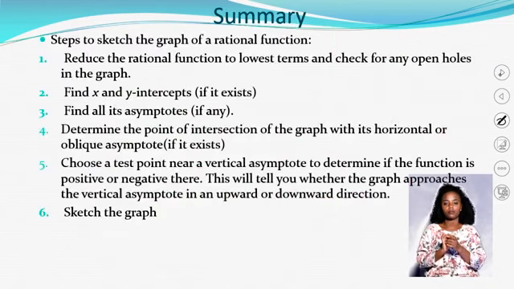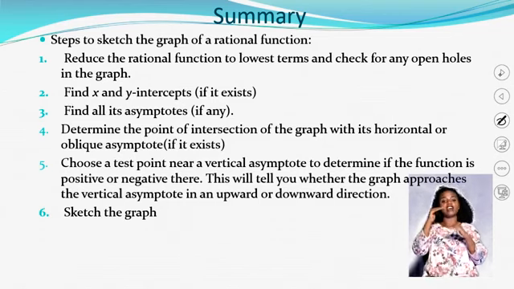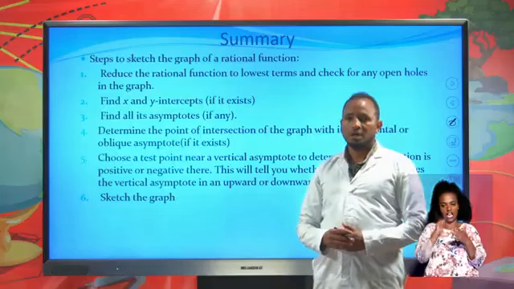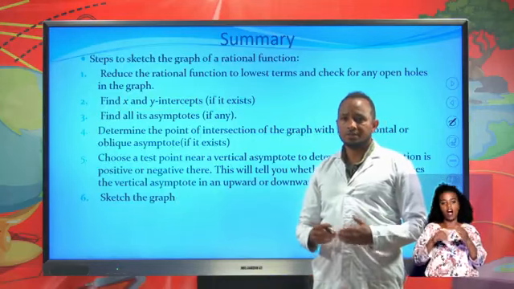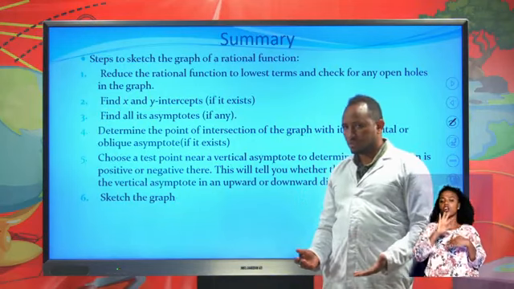So to summarize what we have seen today, the steps to sketch the graph of a rational function. The first step is to reduce the rational function to the lowest terms and check for any open holes in the graph. After that, find the x and y intercepts if they exist, and find all its asymptotes.